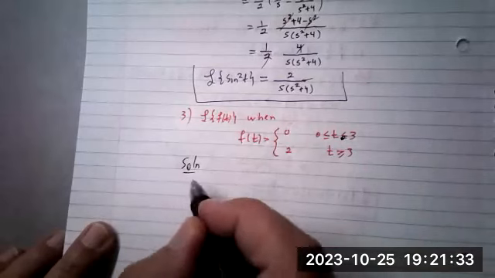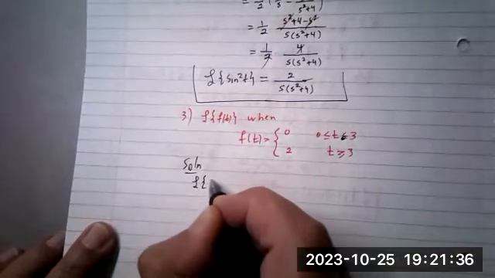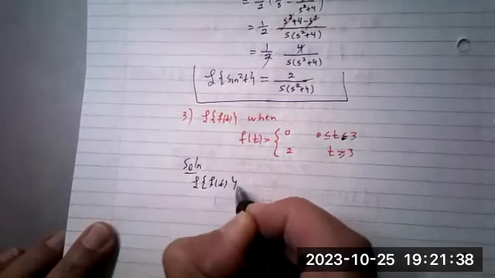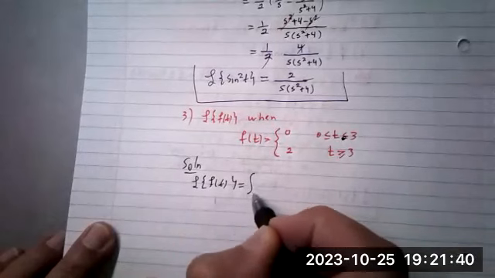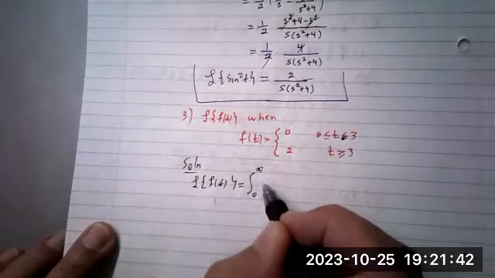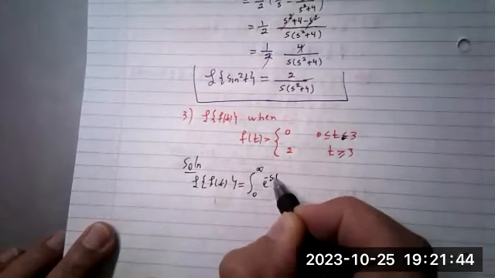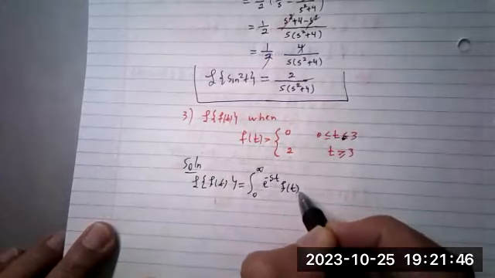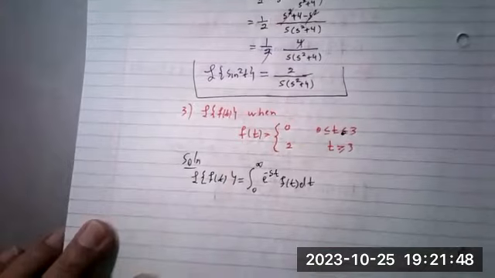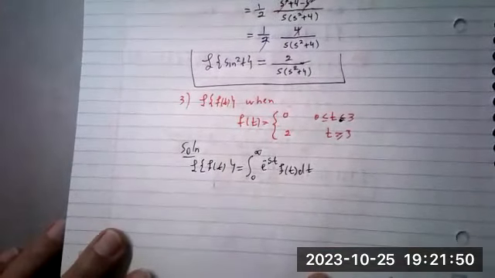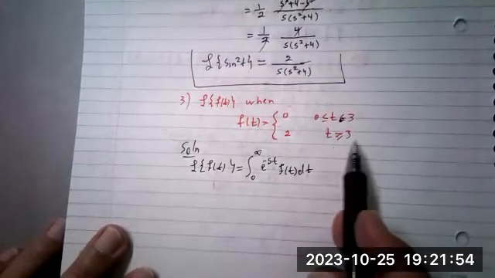Okay, so what is the formula now? Laplace of f of t is equal to, the general formula is integral from 0 to infinity, e to the negative st f(t) dt. But the function is a piecewise defined function, so you have to break the integral, because you have 0 to 3 and t greater than 3.